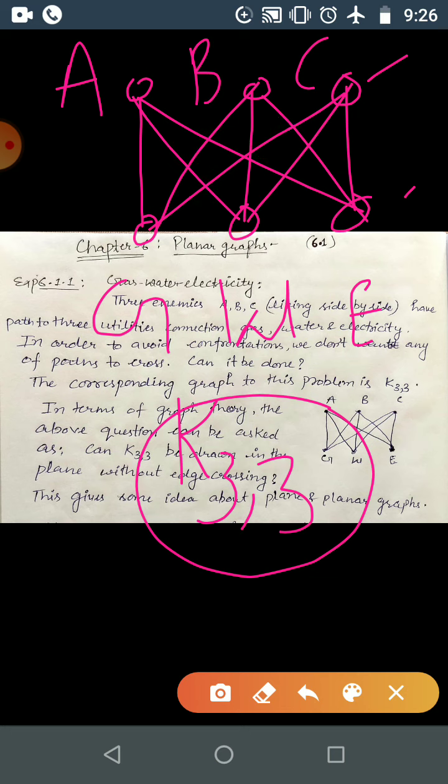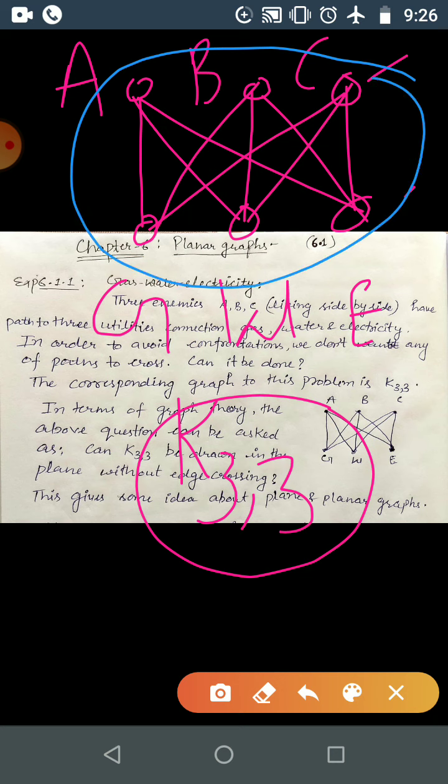The question is, is it possible to avoid confrontation? In terms of graph theory, the question could be asked as: is it possible to draw this graph in a plane such that no two edges of this graph cross each other? That is, this crossing should not be there, all these crossings should not be there, correct?